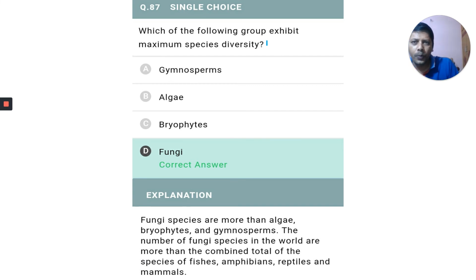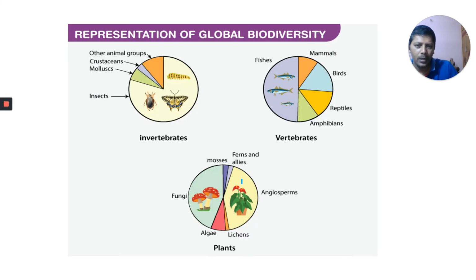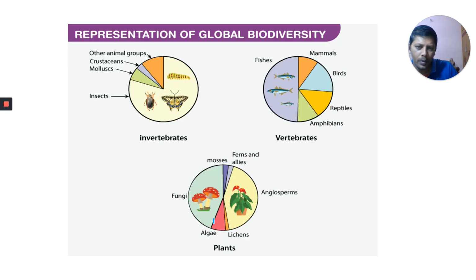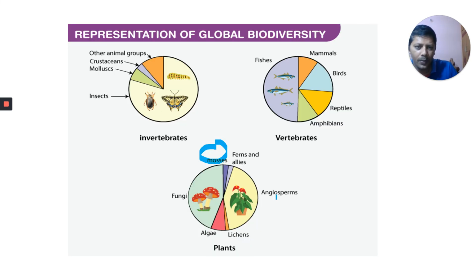Which of the following groups exhibits maximum species diversity: gymnosperms, algae, bryophytes, or fungi? I will show you here. They gave bryophytes here, mosses. Mosses means bryophytes. Fungi is more than bryophytes, and gymnosperms are not here.